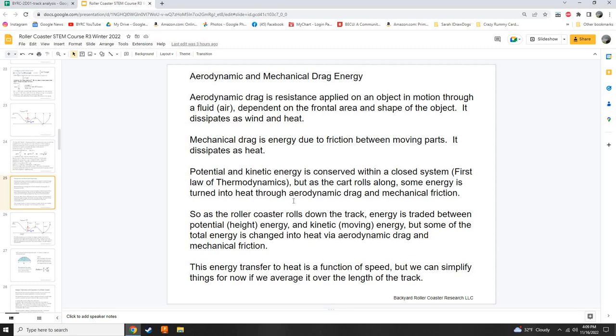We can simplify things now and just say, look, this is a pretty slow system, relatively speaking, as far as aerodynamics goes, no more than 20 miles an hour. And for now, we're just going to average all the mechanical drag over the whole length of the track, just to make things simple. And I've verified that with the actual tracks I've made and come out with a number that represents how much energy is going to be given away and turned into friction and aerodynamic drag.